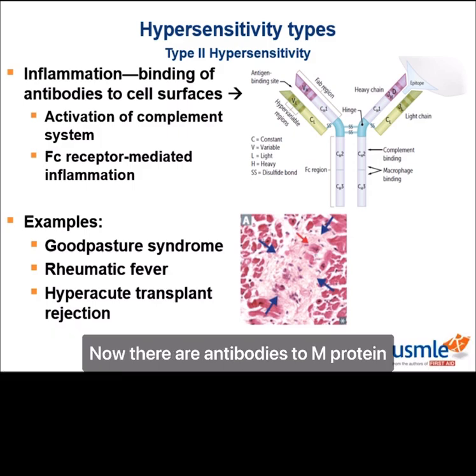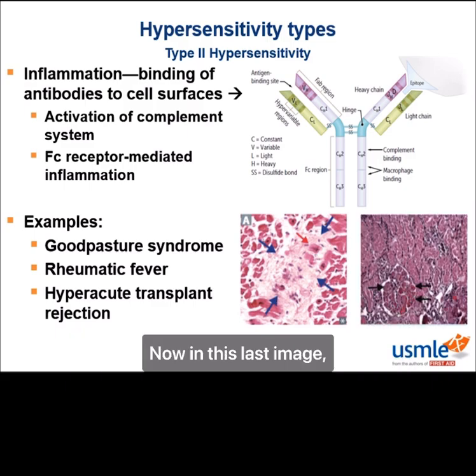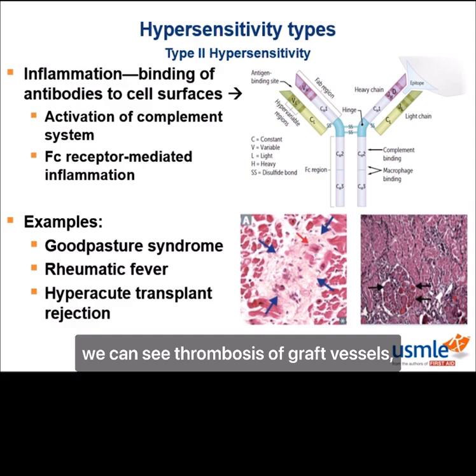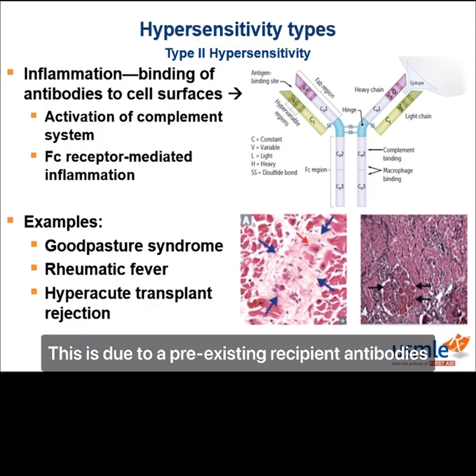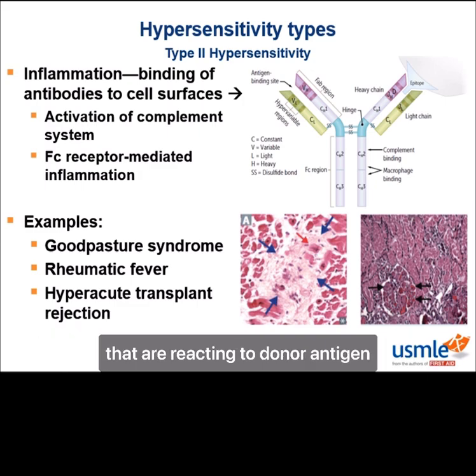Now, there are antibodies to M protein that are cross-reacting with self-antigens. In this last image, we can see thrombosis of graft vessels, which the arrows are pointing to within the glomerulus. This is due to pre-existing recipient antibodies that are reacting to donor antigen in a hyperacute transplant rejection.